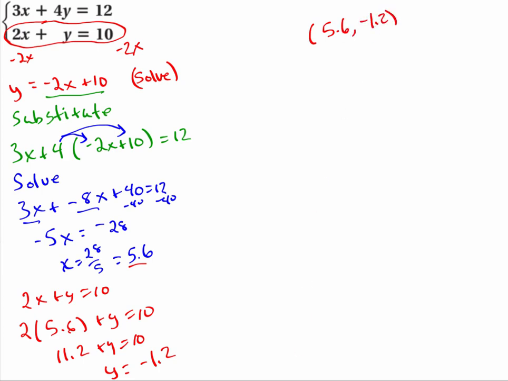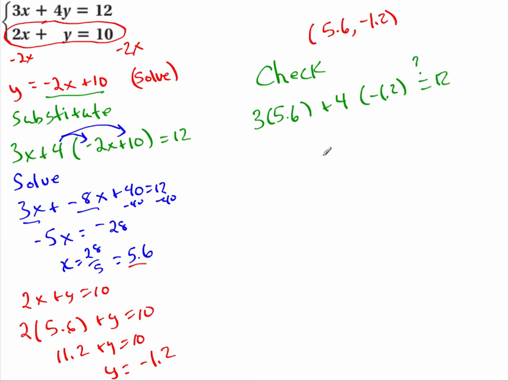Now the last step is to check. To check, you put it into both of these equations and see if you get a true statement. So 3 times 5.6 plus 4 times negative 1.2, does that equal 12?